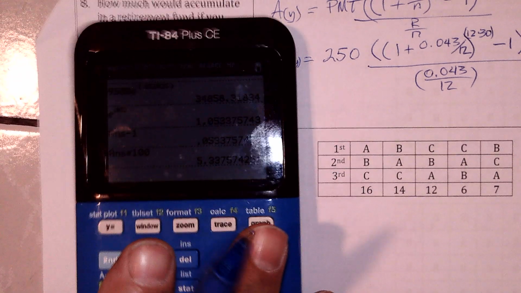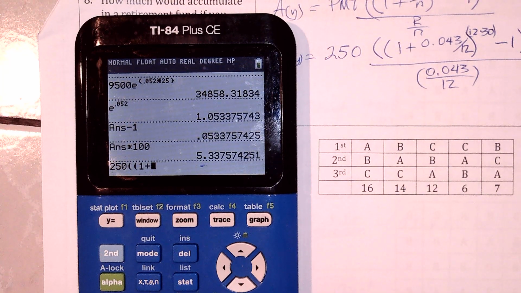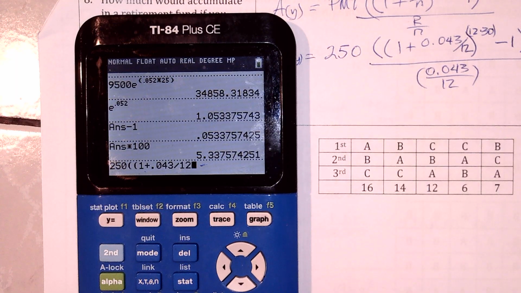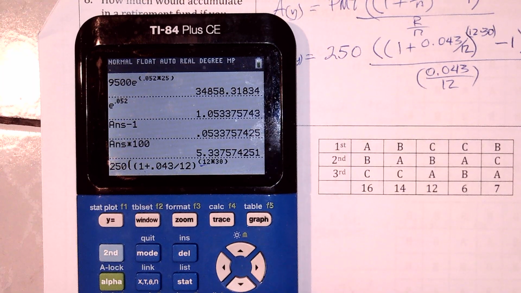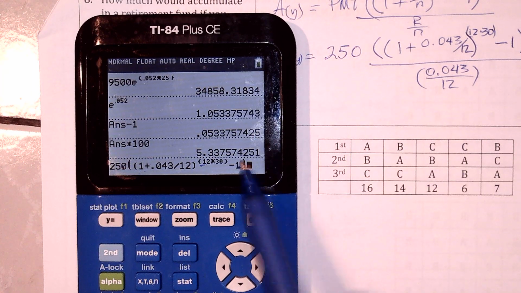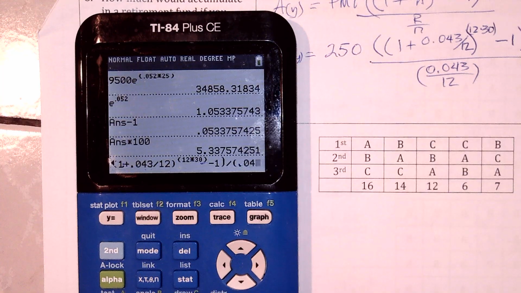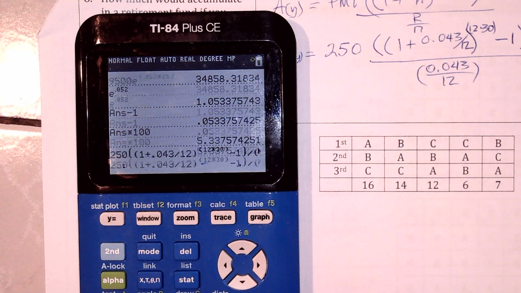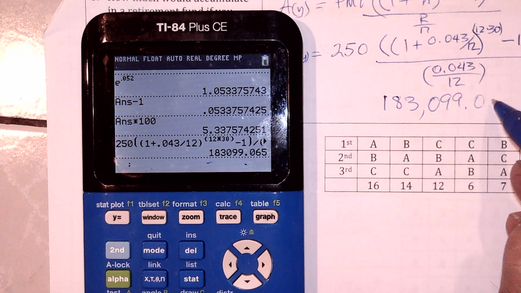So, typing that in, 250, parenthesis, 1 plus 0.043 divided by 12 to the parenthesis 12 times 30 years, close the parenthesis, come out of the exponent, minus 1, close the numerator, divided by, open the denominator with a parenthesis, 0.043 divided by 12, close the denominator, and get an answer of $183,099.07.